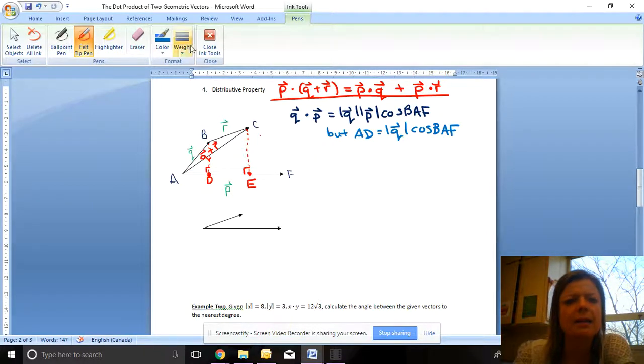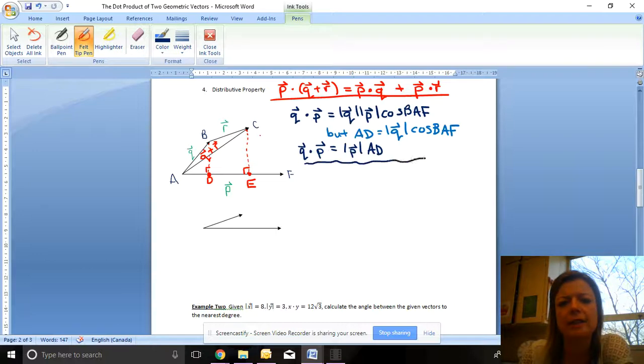So that means I'm going to go back to this and rewrite it as P times AD. Because what you have left then is Q cos BAF, and that can be rewritten as AD. Okay, so that is one thing.